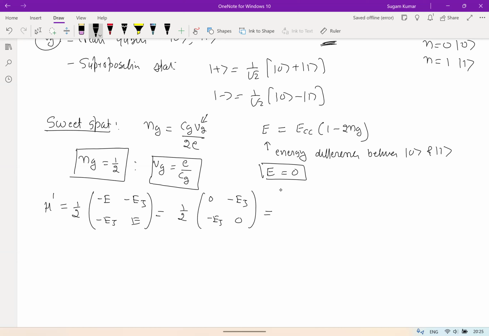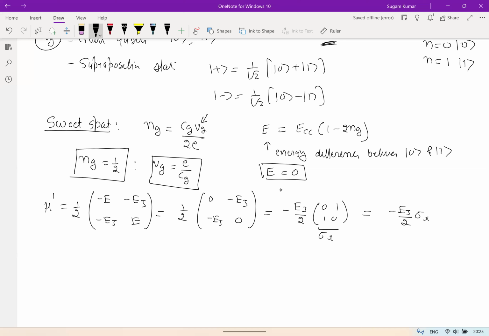This is simply equal to minus E_J/2 times (0, 1; 1, 0). Now tell me what this matrix is. Sigma x. So this is nothing but minus E_J/2 into sigma x.